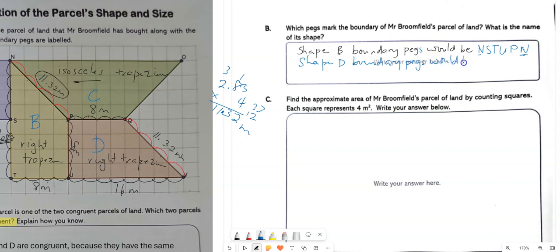Those would be, let's swap to a different color now, P. And it goes from P to U to, I think this one was V, to Q, all the way back to P. Again, some people don't include this at all, but if we wanted to close the shape completely, then we would need to go from P to U to V to Q and back to P to close the shape.